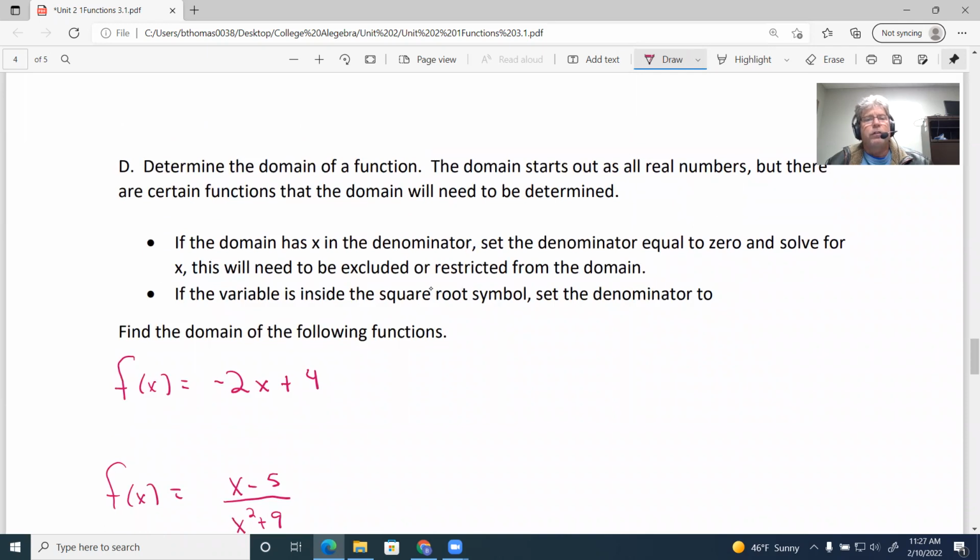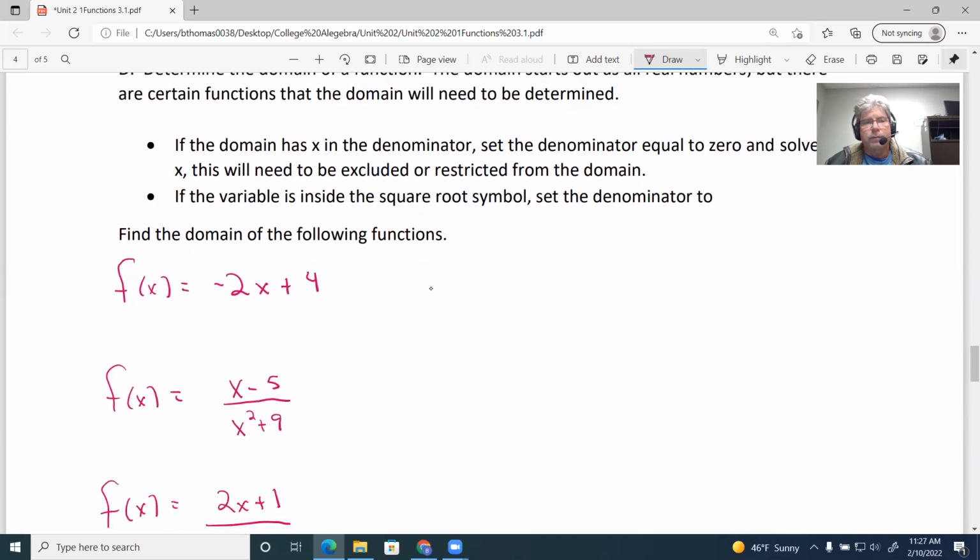The next thing we have to do is determine the domain of a function. The domain starts out as all real numbers, but there are certain things that you can't do. So there are certain functions that the domain will need to be determined. So some things we look for if there's an issue with the domain.